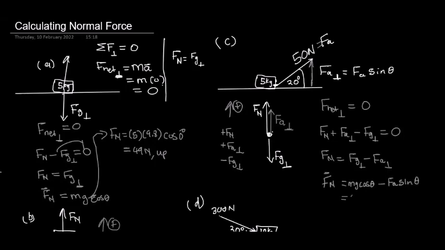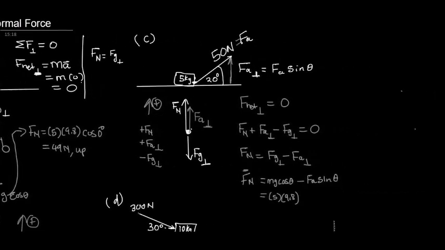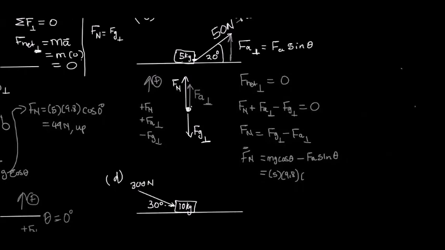So this will be, mass is 9.84 g, times cos of the angle. It's a horizontal surface, so the angle is still 0 degrees, minus 50 newtons, because that is the value of the force applied, times sine of the angle at which that force was applied, which is 20 degrees.